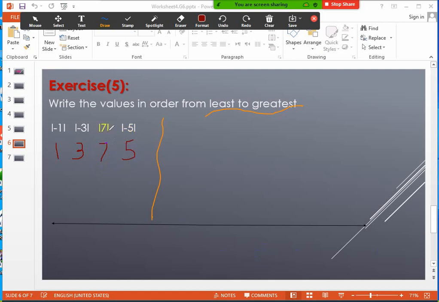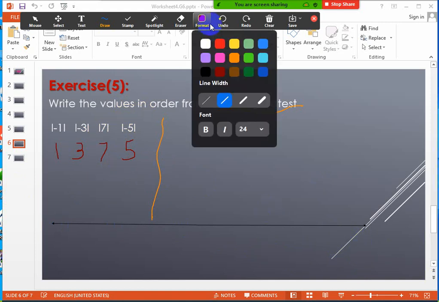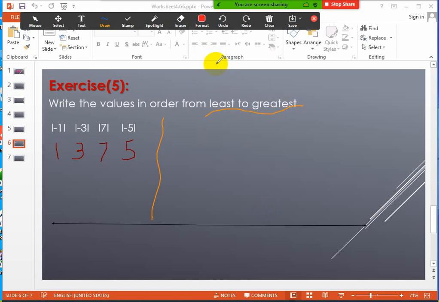So that's why I told you, you have to find the absolute value first, then you have to order the numbers. Al-Jawhara, open the mic and order with me the numbers from the least to the greatest. Yes, teacher.